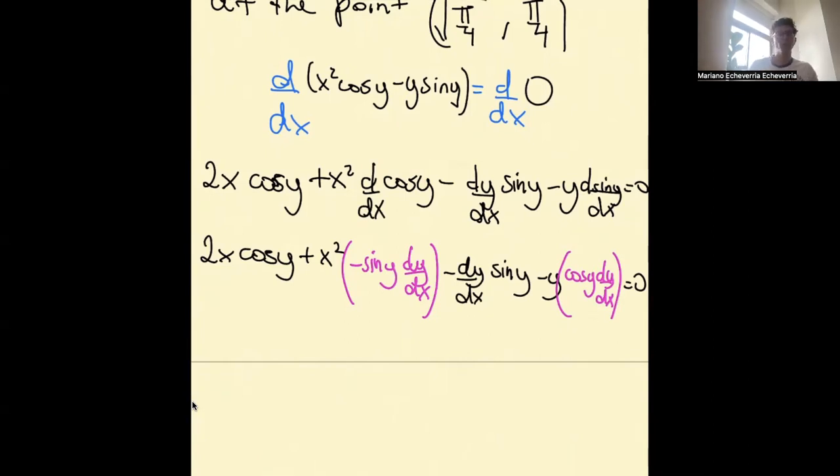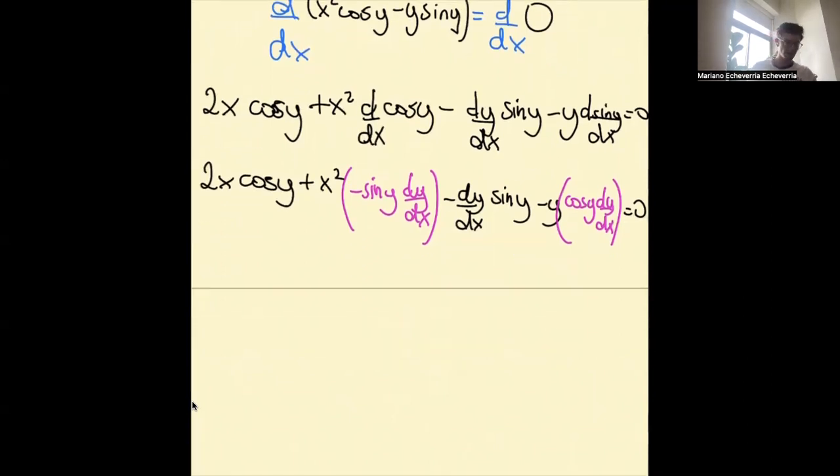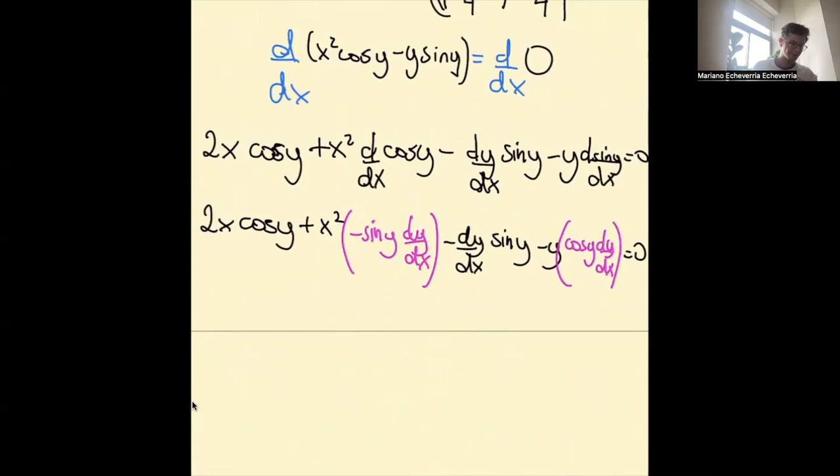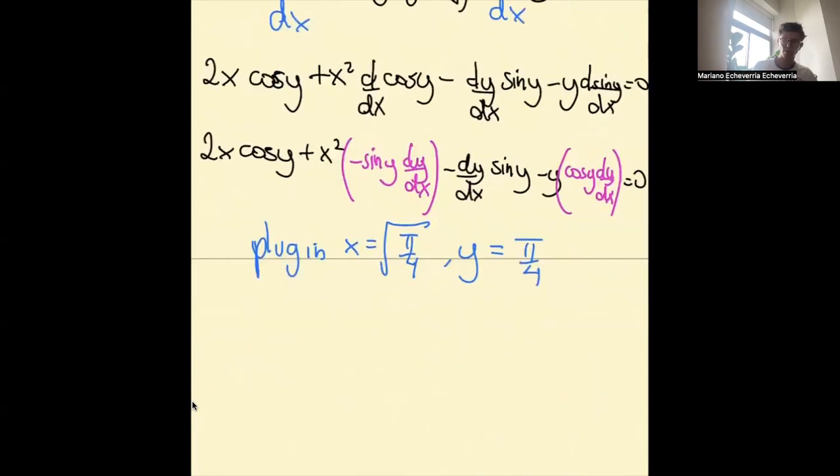After you took the derivatives, which we just did, you can plug in the values that you were given. So what do you get? You get 2x, but 2x becomes 2 root of pi over 4. What's cosine of pi over 4? Remember, it is root of 2 over 2.